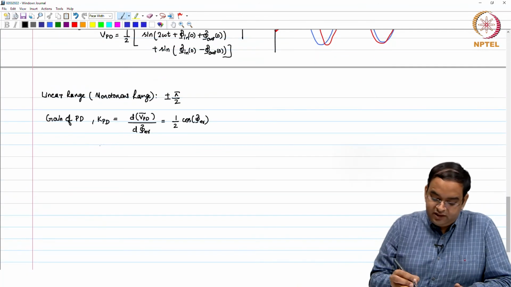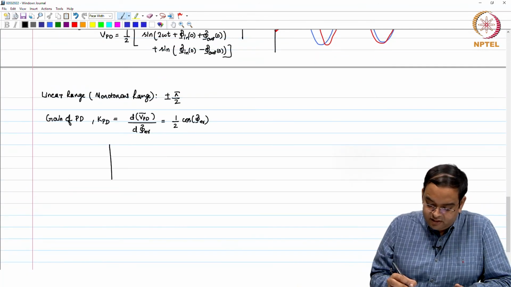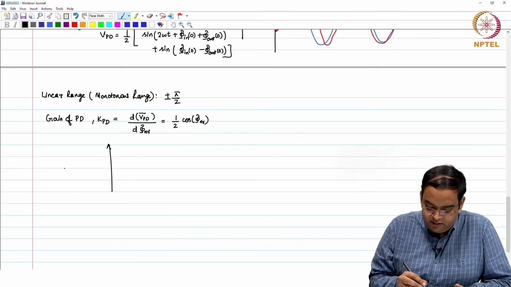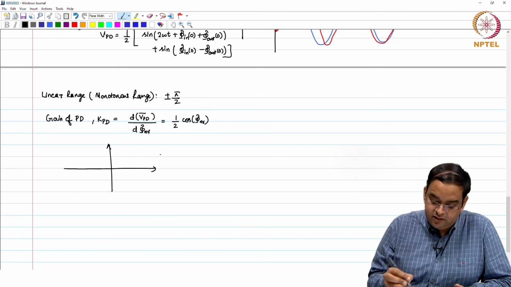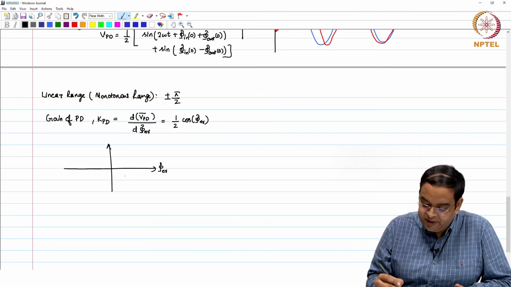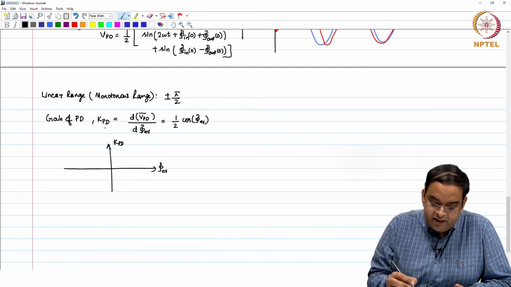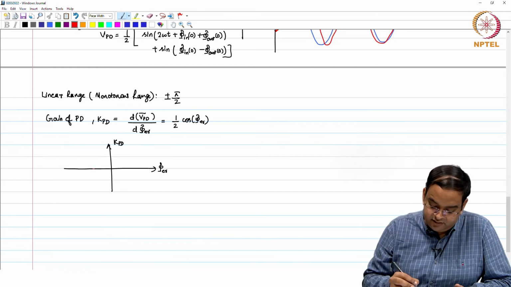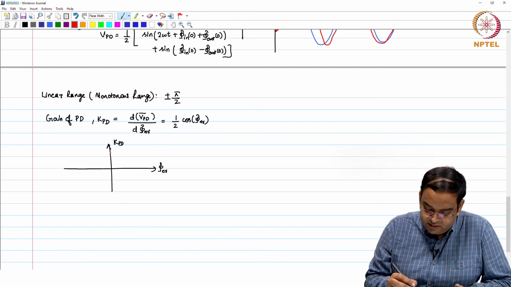Now, this half of cosine of phase error, if I plot it, what you see here is with respect to phase error, the gain KPD is a cosine waveform, which is like this.